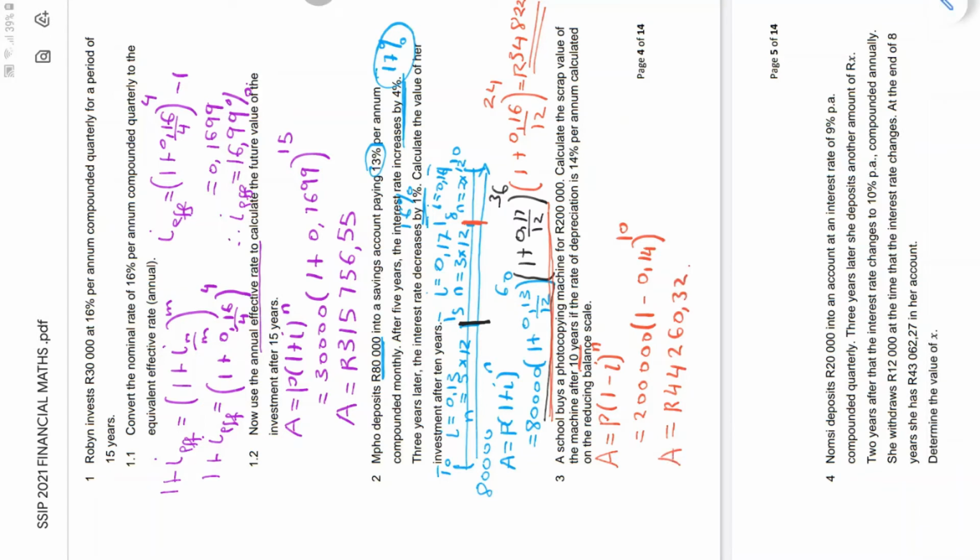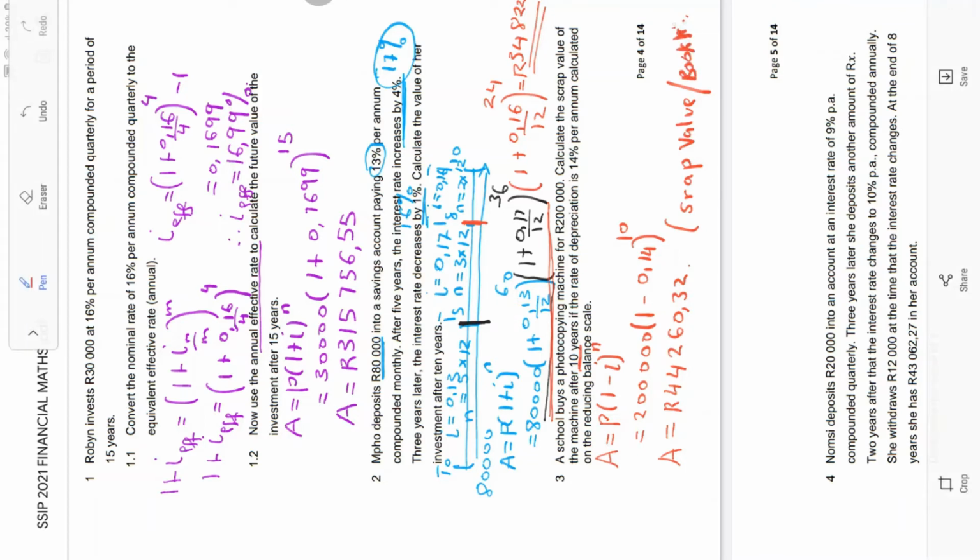So that means that after a period of 10 years, the school's photocopying machine has decreased to a value of 44,000, and the value of 44,000 is what we term as the scrap value, or sometimes referred to as the book value, because this is the value that you record in your books.